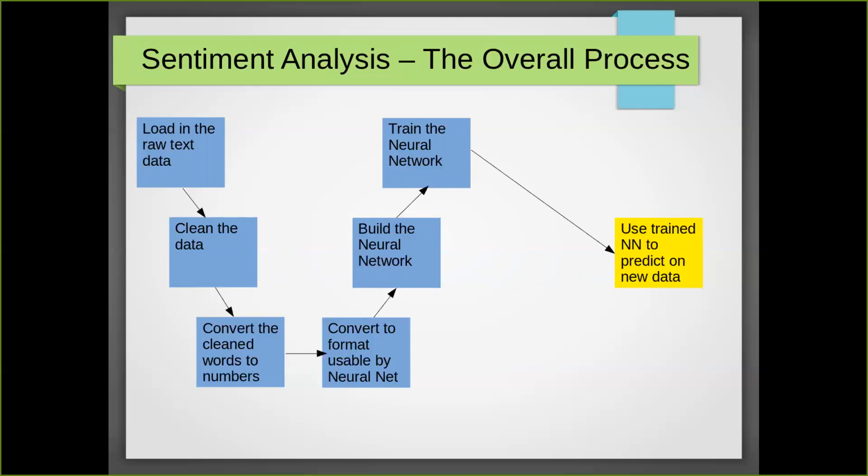Sentiment analysis is very similar to that. The only difference is that we're using words, and I'll talk a bit about what we do about that in a moment. But basically, we load in some raw text data, and we clean up that data in some way, and again, I'll talk about that more in a moment.